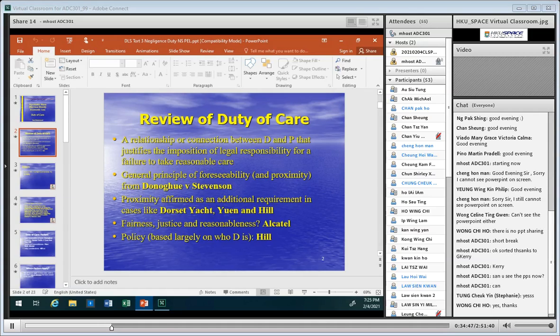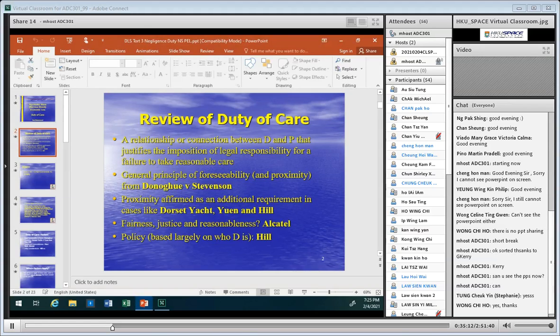Hill, you could argue, with regard to the police case, there was not sufficient proximity. But in the Hill case, there was no duty of care, mainly because the defendant was a public body, the police. So remember, more than one element might be relevant to any particular case.